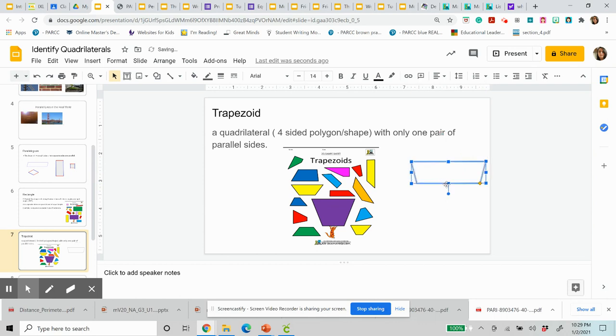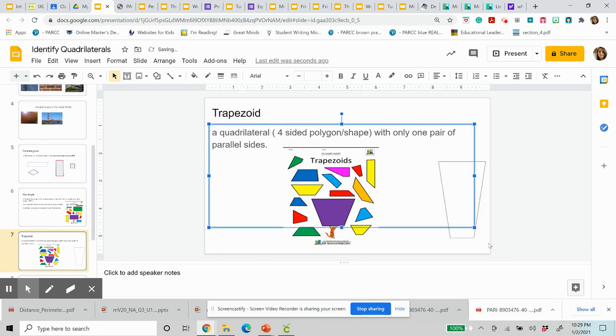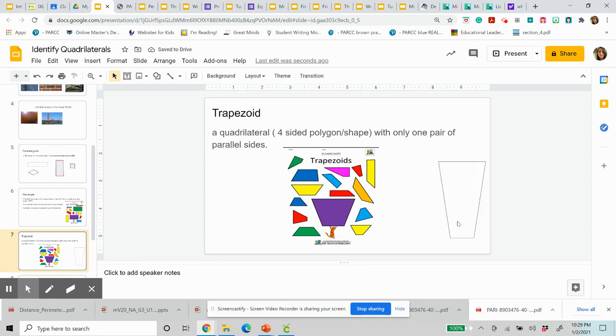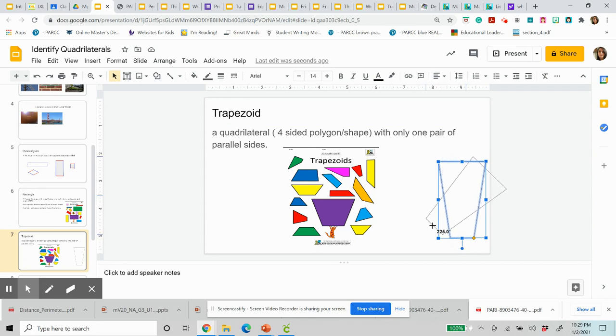They can flip it upside down, more like this. So these two are not parallel. This is parallel. Now you can make it thinner, but again, sometimes they might turn it like this.